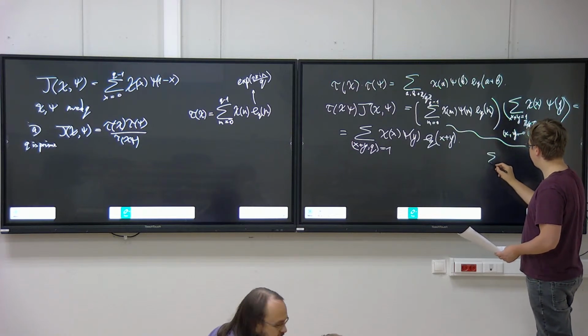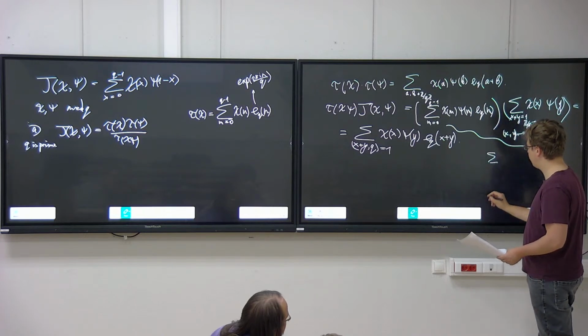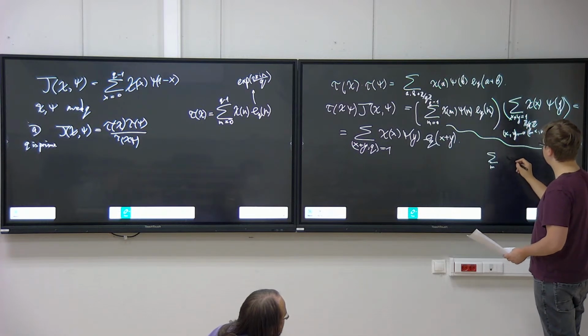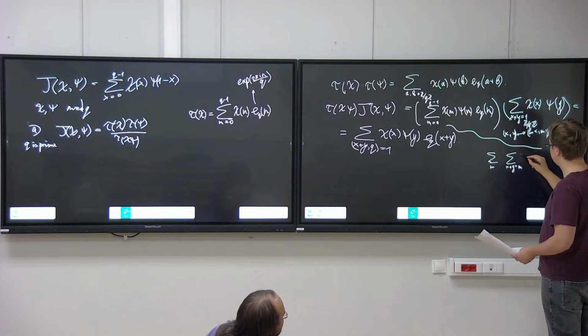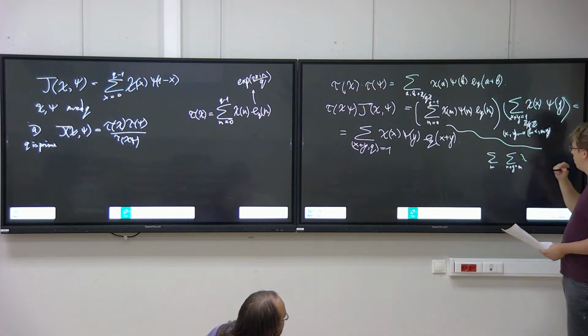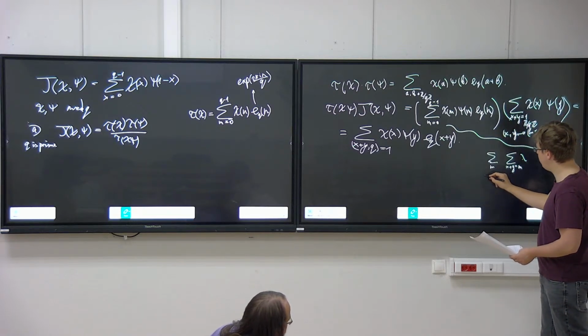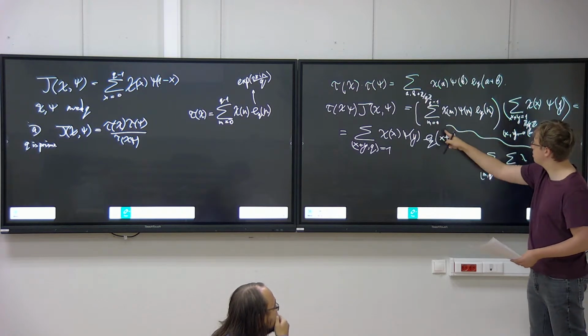So let me rewrite it as a double sum. If m is coprime to q, yes, otherwise this is 0.